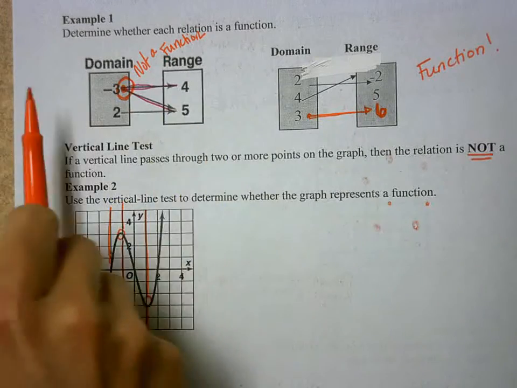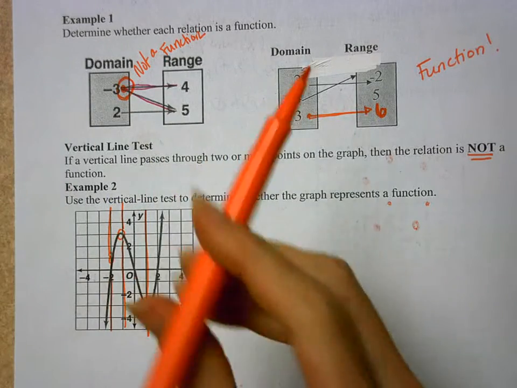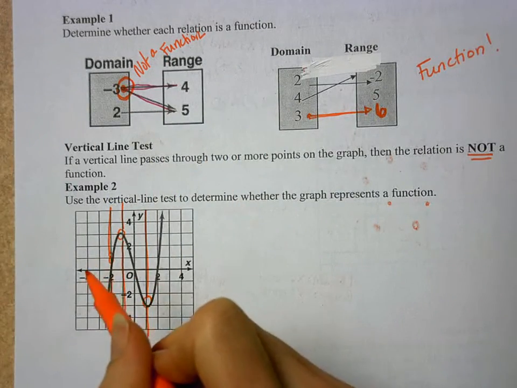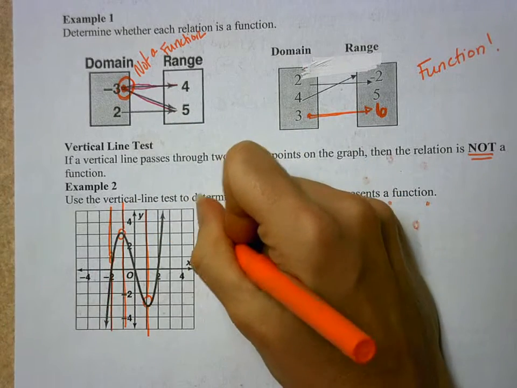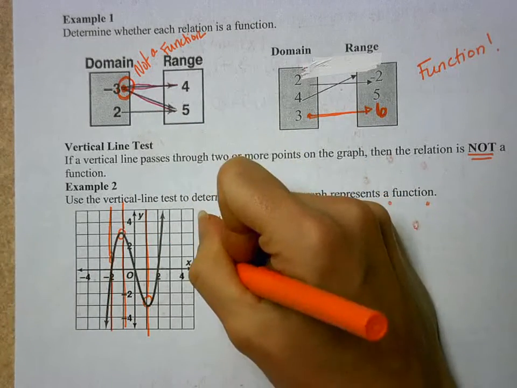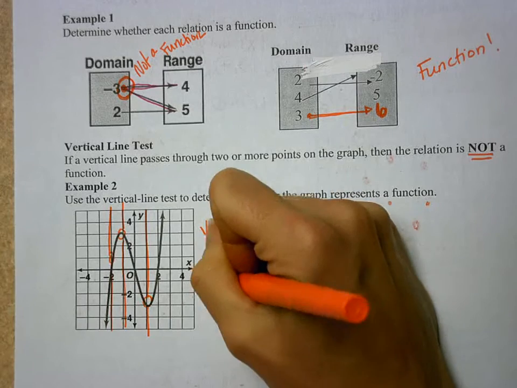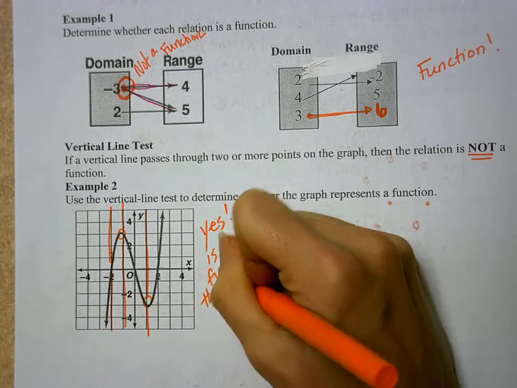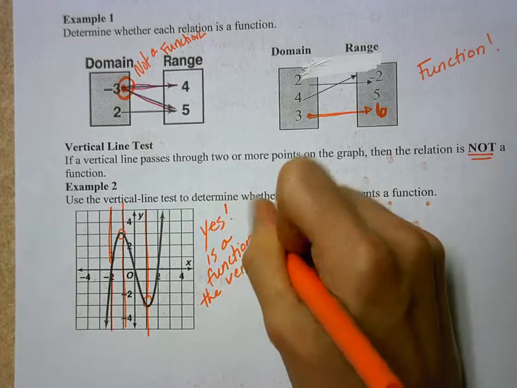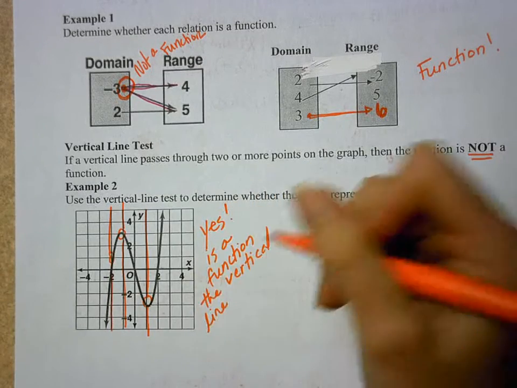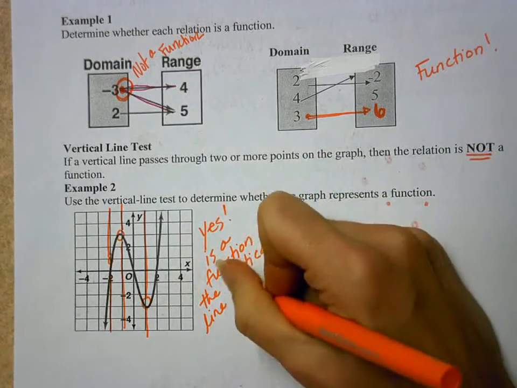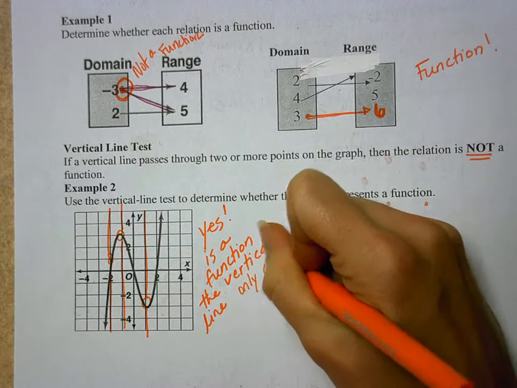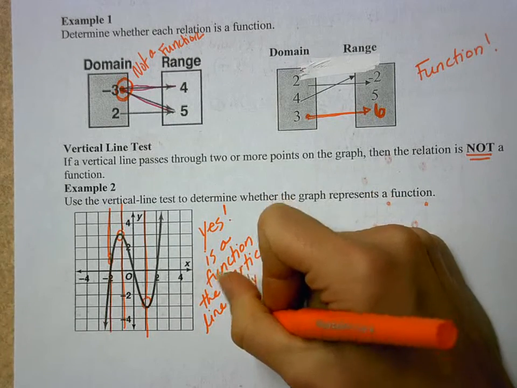No matter where I draw the vertical line, it only crosses the function once. So that means, yes, this is a function. The vertical line only crosses the function once.